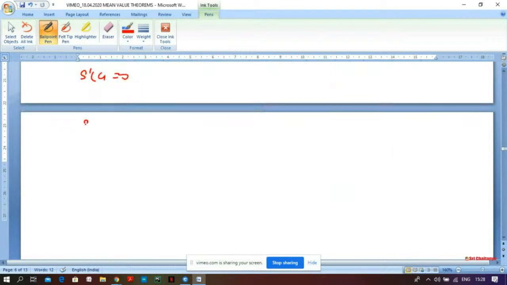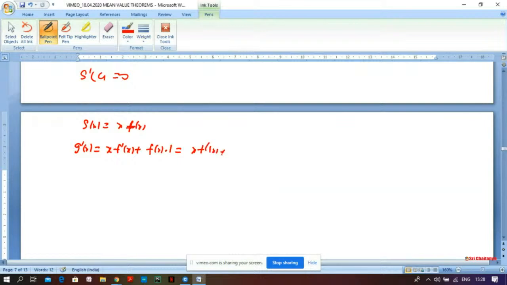And g(x) was x f(x), which we constructed, so g prime x is x f prime x plus f of x times 1. So it means g prime c is 0. That gives you that c times f prime of c plus f(c) is 0. So you have proved it.